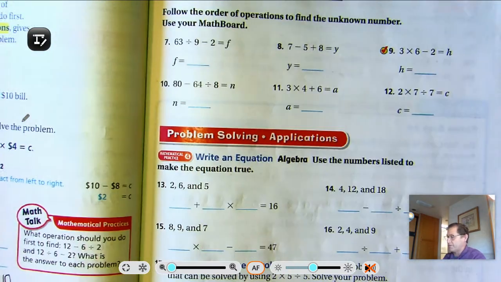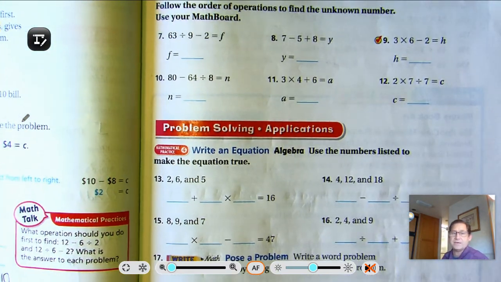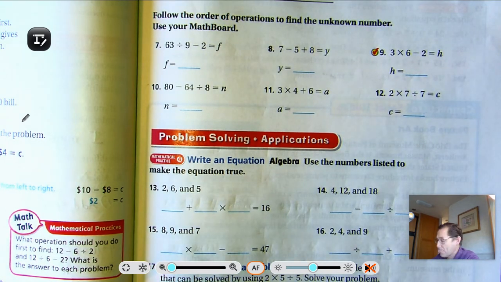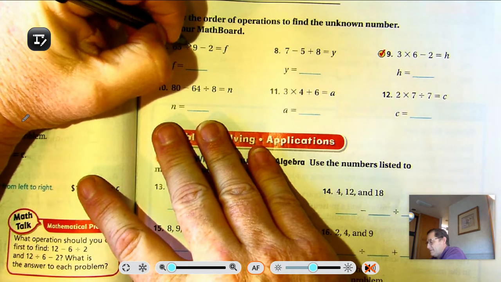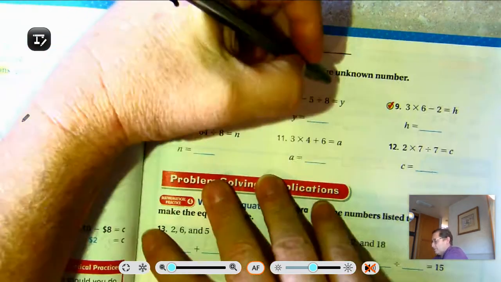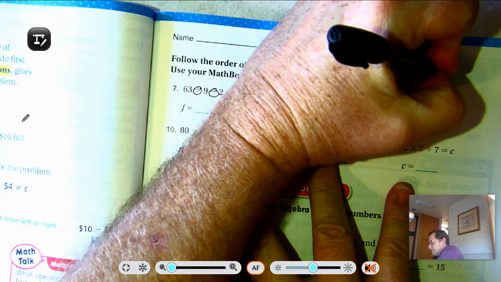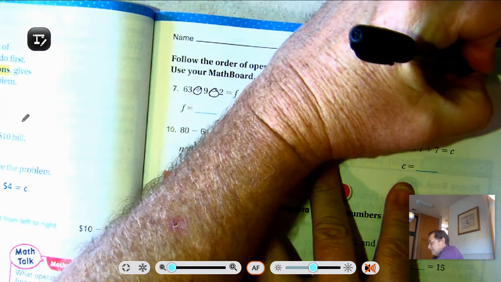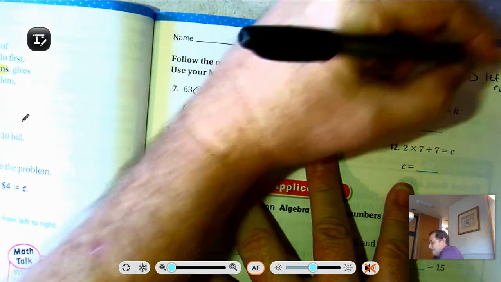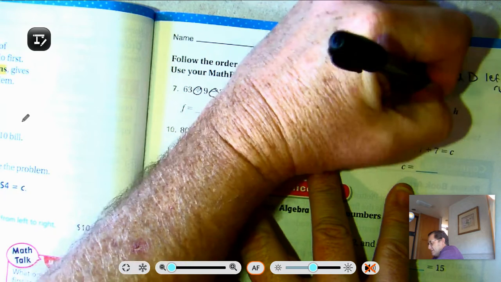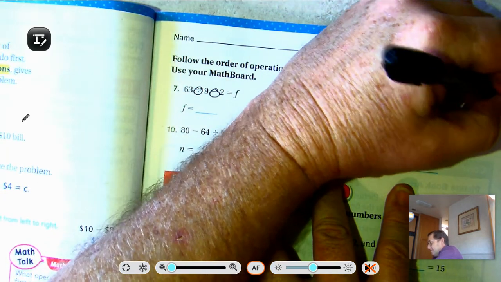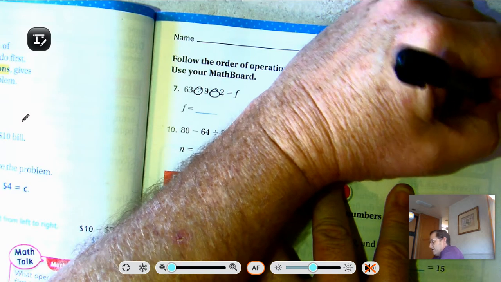All right, now page 309, number 7. Now we're going to solve these using the order of operations. So we have division and subtraction. Multiplication and division, left to right, then add and subtract, left to right.